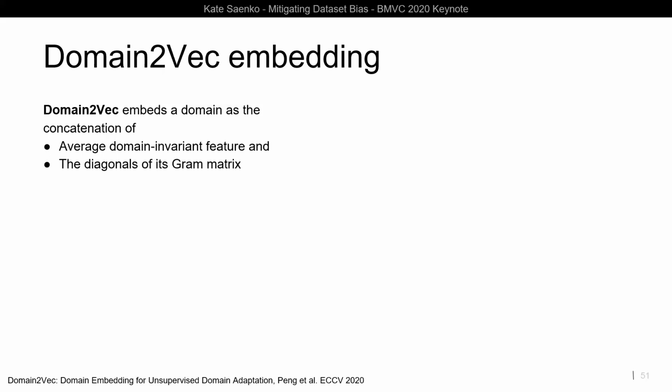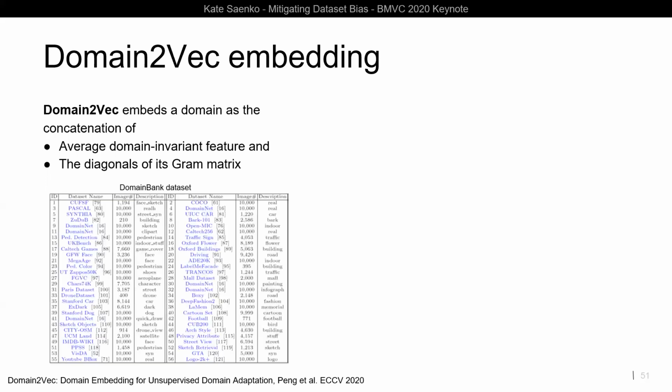Because the gram matrix is too large to use efficiently, we use the diagonals, and then we further concatenate these two parts and perform dimensionality reduction on top of that to, again, remove the sparsity. Okay, so that's how we compute the feature vector from a domain to compute its embedding.